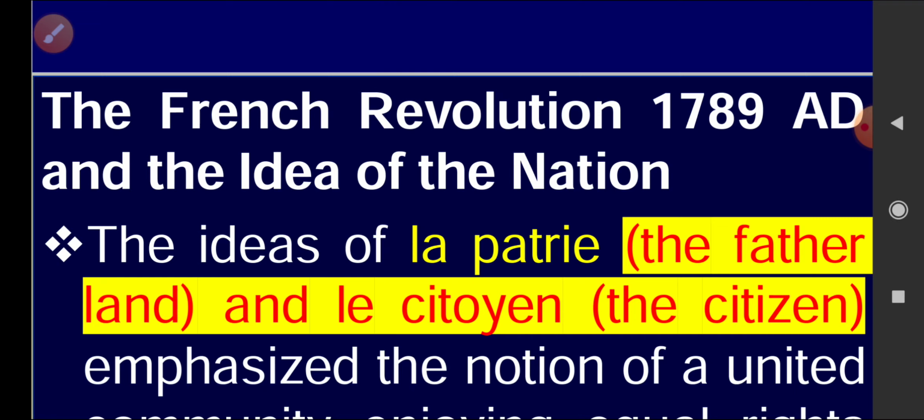So, he tried to impose taxes on French society by calling the States General Assembly in May 1789, in which commoners refused to accept the new proposal, the new laws of the French monarch, and assembled in the tennis court outside the palace, and they declared France as National Assembly.